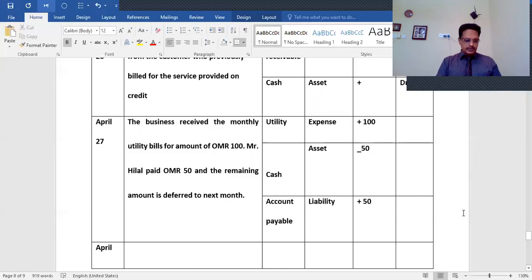So expense increase, you know already, is debit; asset decrease is credit; and liability increase is credit. Now you can see one debit and two credits, but the amount is equal.